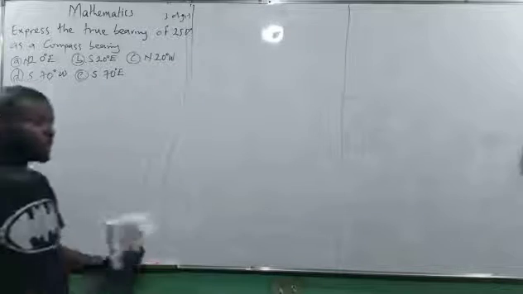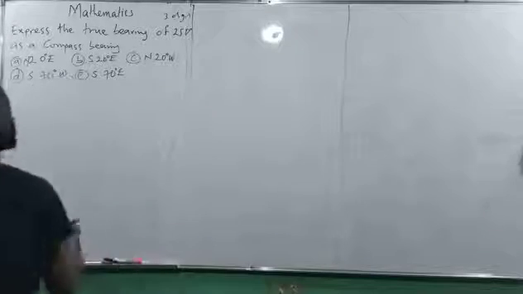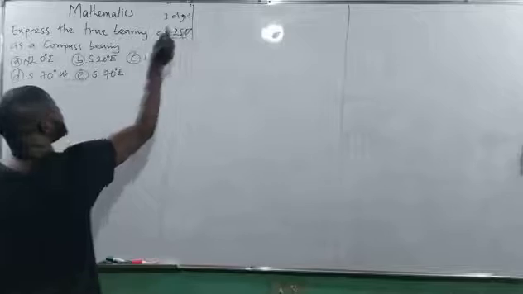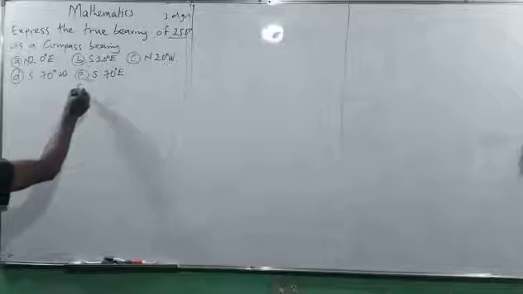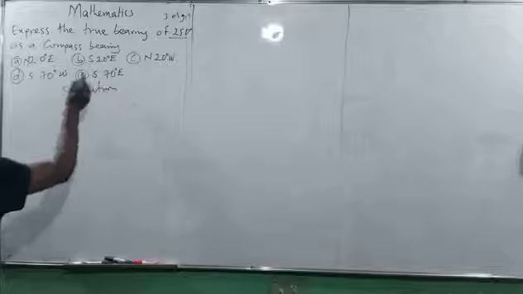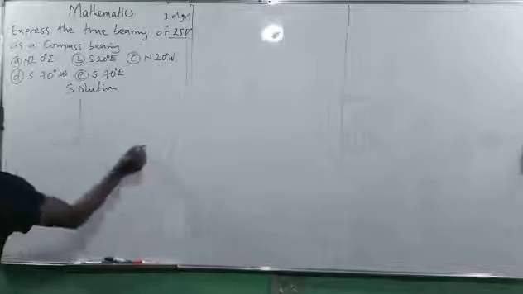I think I've explained compass bearing before now. What you just need to do, 250 degree. Now, solution to this problem. These are the options. I don't know the answer among them. Now, the first thing I would do, I would learn to do something like this.